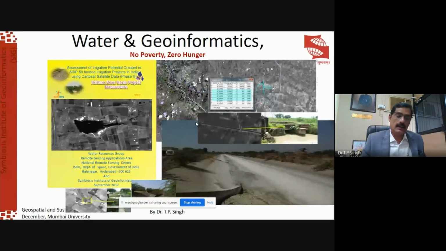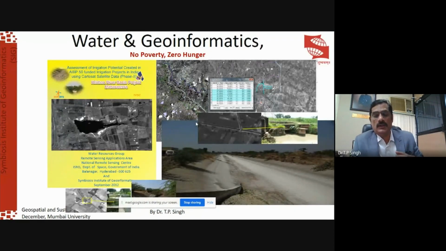Another role of geoinformatics, which we have done in collaboration with the Indian Space Research Organization, is to understand how much irrigation potential has been generated, which will affect the particular community. A lot of money is sanctioned by the government to the state government, which is supposed to construct irrigation infrastructure in a particular area.